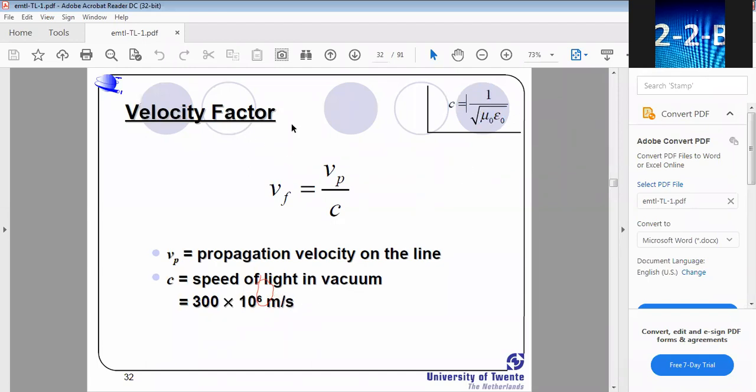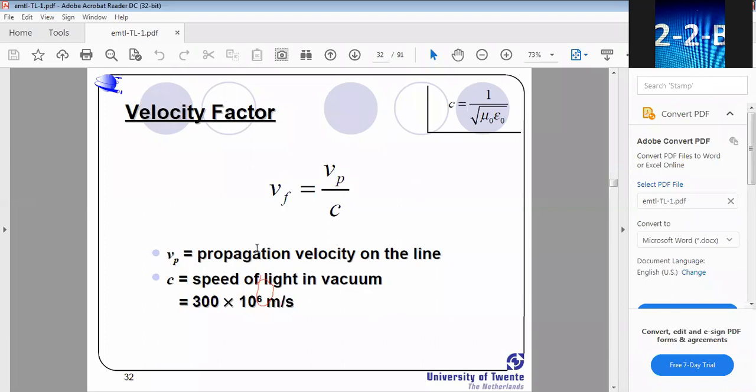See here, velocity factor means how much factor it decreases. The velocity factor notation is VF equals Vp, the propagation velocity of a signal in a wired medium, divided by c, the speed of light in a vacuum, in the ideal case.